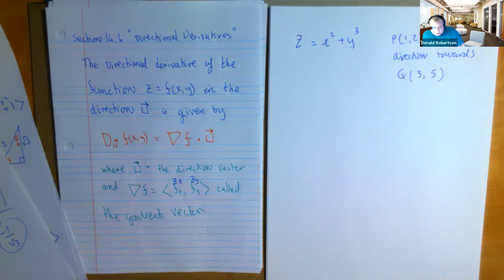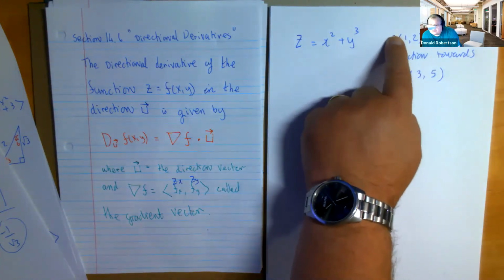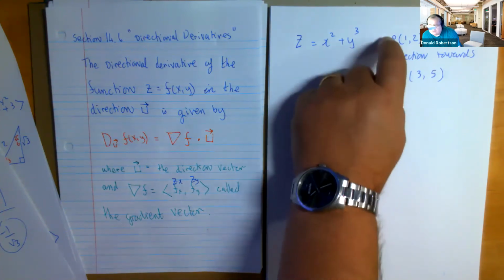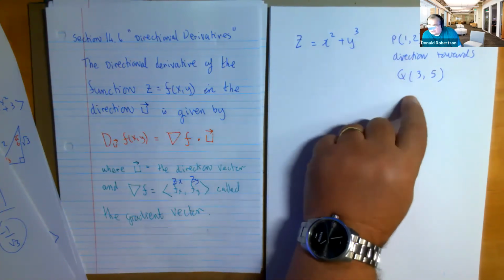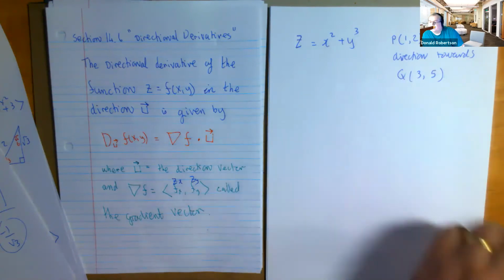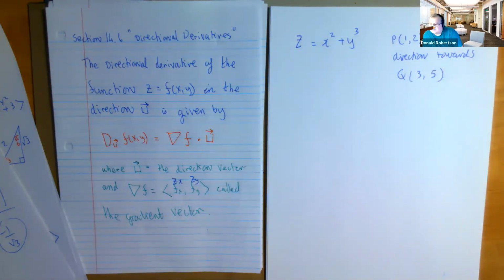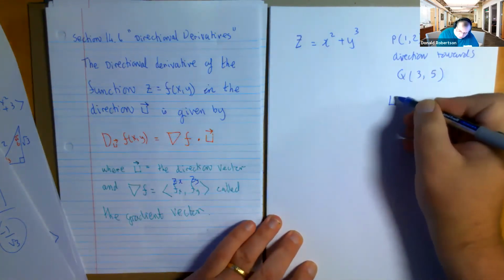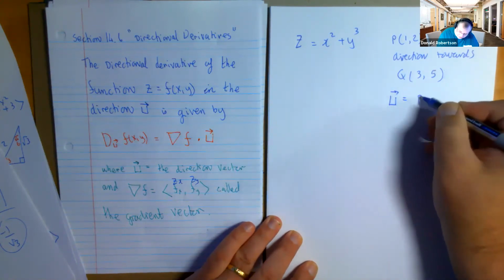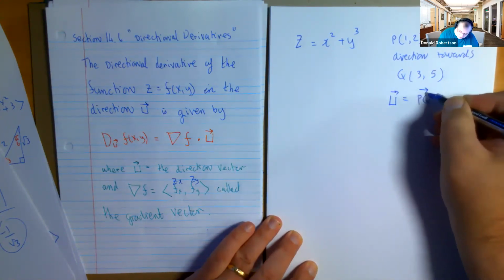Now this one's not anywhere near as messy as the last one, because instead of telling me the directional vector, haven't they basically said you're starting at P and you're going to Q, but isn't P to Q the direction vector? So if you want to find out who U is, you basically are going to find P to Q.